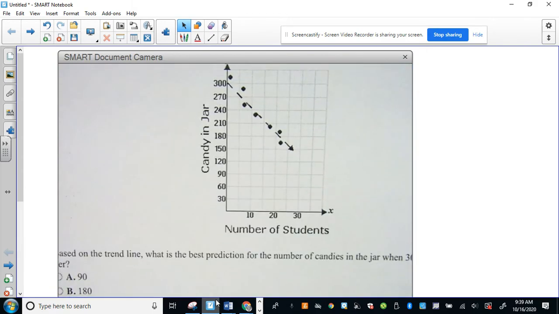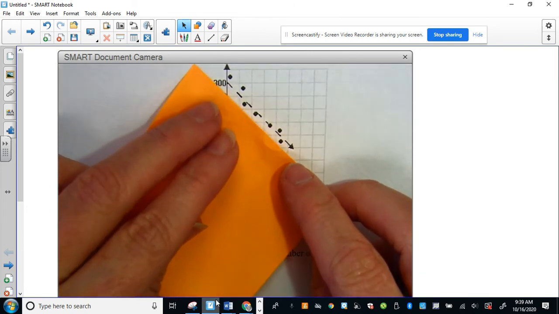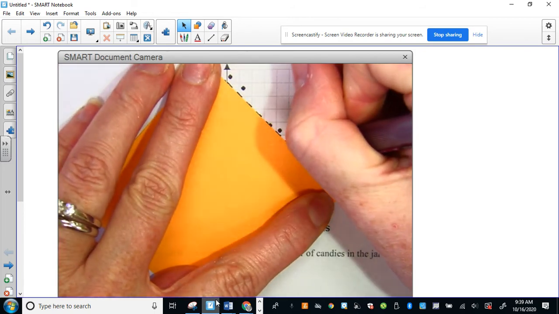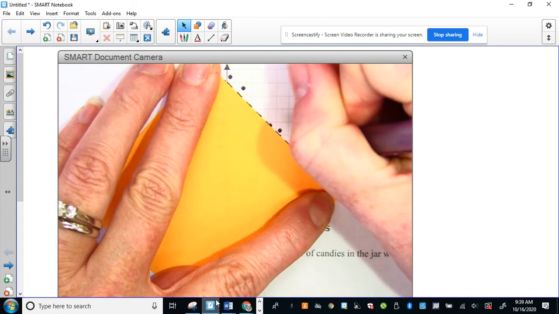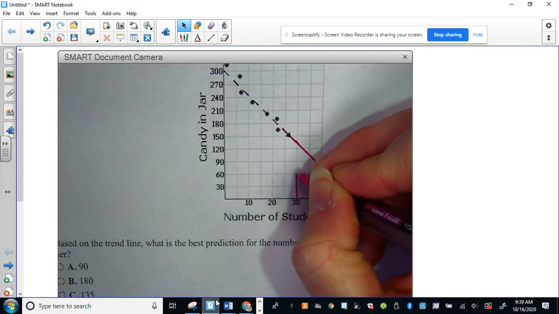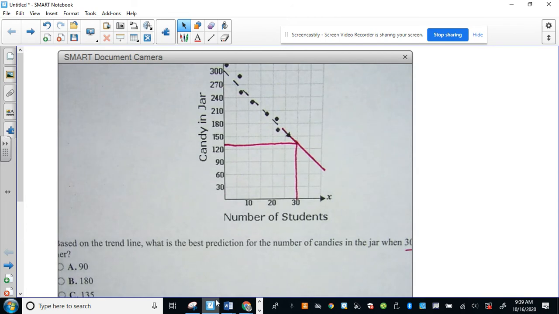11, we're almost done. Here we can do another line again, so we can estimate when 30 students visited. So I'm going to just continue that line with my sticky note. You could plot those points on a graph if you wanted to and use Desmos. Since I have a paper copy, it's kind of neat to just go here. And it looks like it's between 120 and 150.